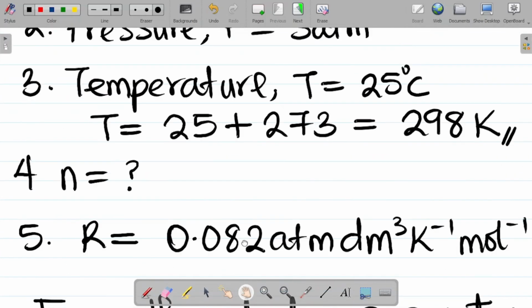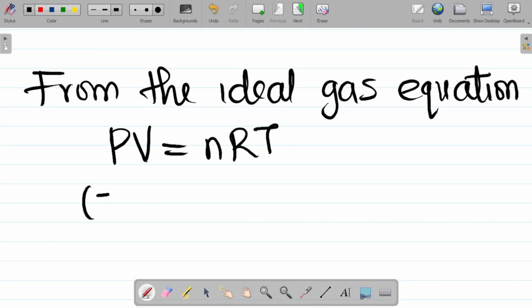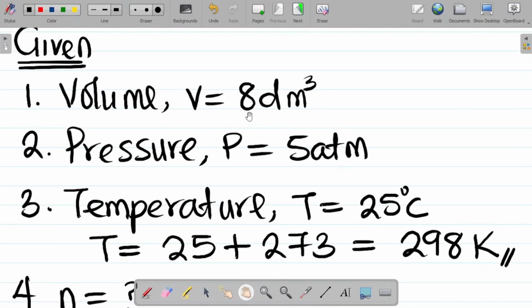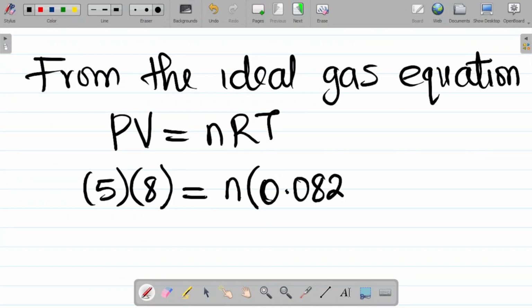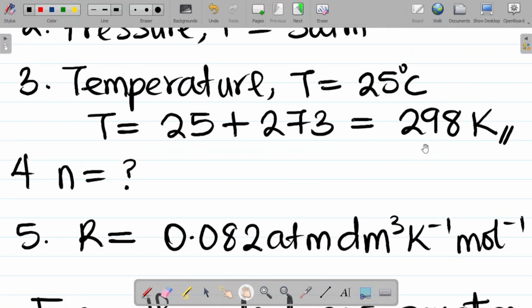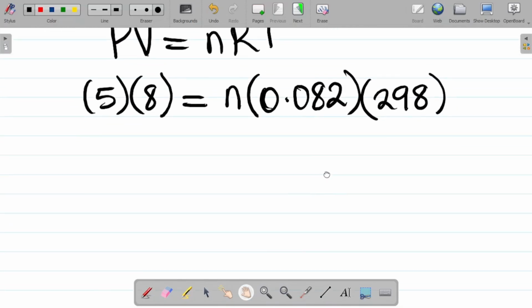Let's start with P, which is 5 atmosphere, into V, the volume, which is 8, is equal to n, the number of moles, which we are asked to find, into R, 0.082, a constant, and then T, 298 in Kelvin.